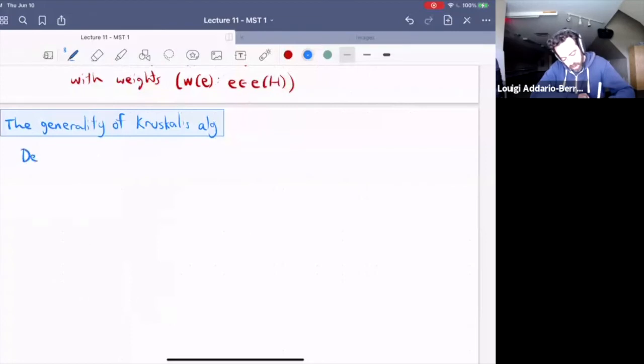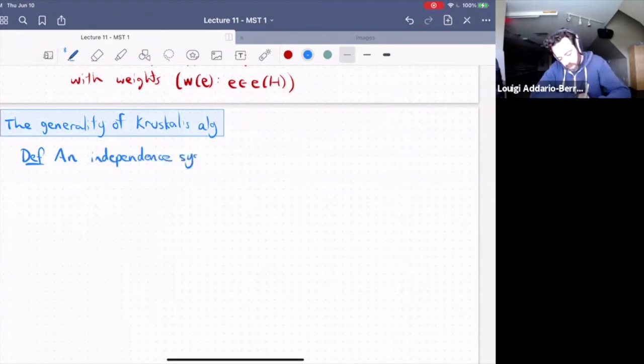So I'll define right away the kinds of systems we're going to be looking at. We'll call them independent systems. So this is just a pair, a ground set and a collection of subsets.